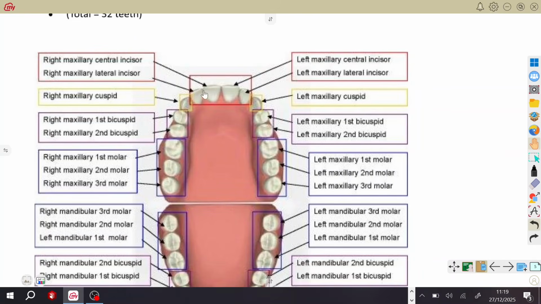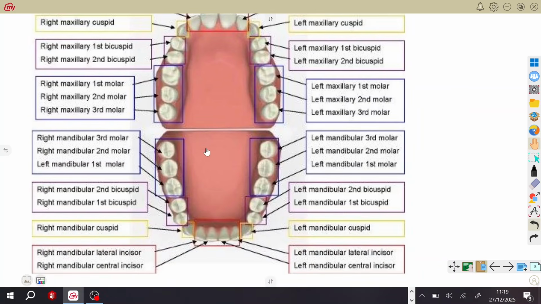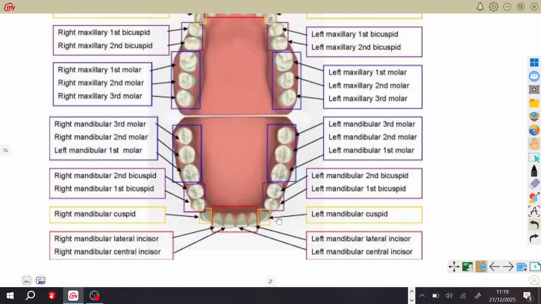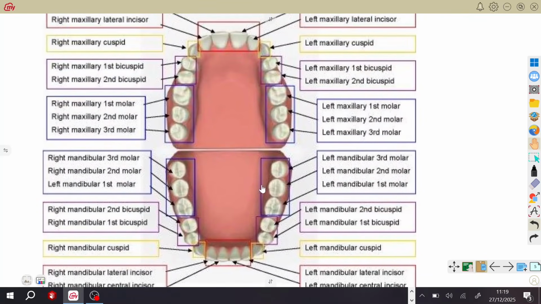So on half here, 1, 2, 1, then 1, 2, then 1, 2, 3. So a 2, 1, 2, 3 formation. And on the other jaw, it is the same. If you count all the number of teeth there, you should arrive at 32.